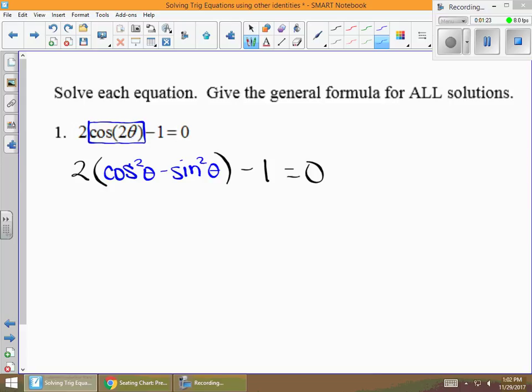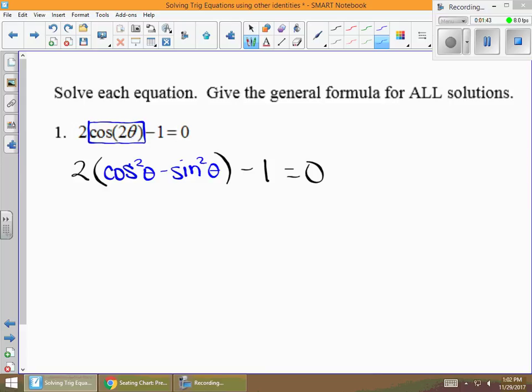And now we're going to treat this like we would have treated a problem from last week. Just like when we learned how to use sine squared plus cosine squared equals 1, this is the new thing in our problem solving flow. Now it's just like a problem from last week.